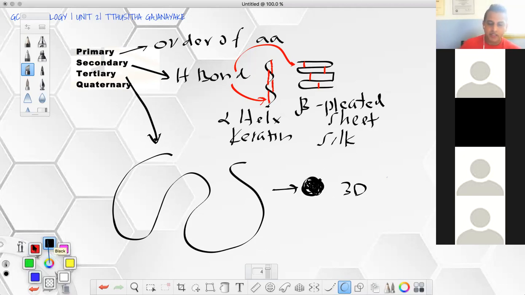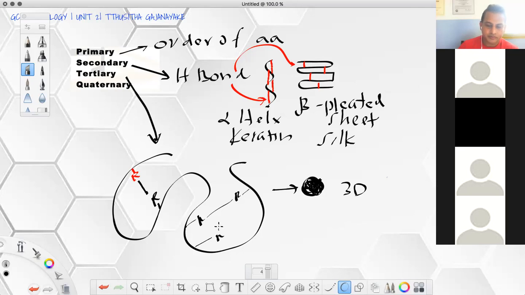And here, between R groups, let's say the R group of one amino acid and the R group of another amino acid, they can make bonds. So here again another bond, and here another bond. They can make a lot of bonds, and the bonds are of four types. One is hydrogen, another is hydrophobic.